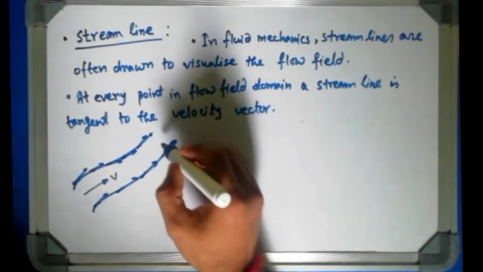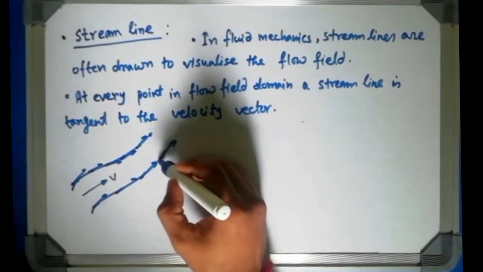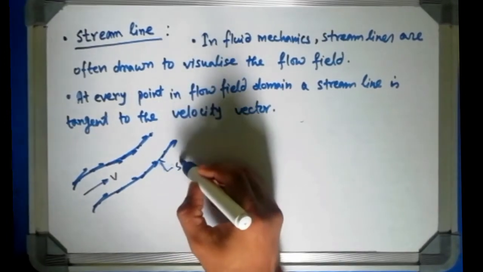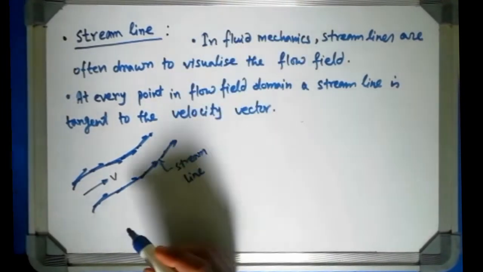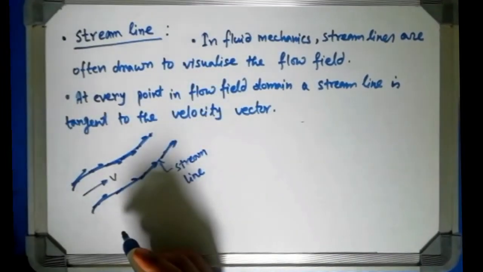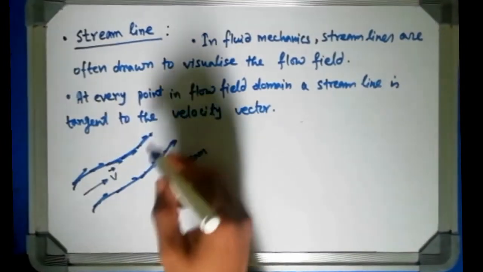Now the line which I am getting is known as a streamline. This line, formed by joining the tangents of the velocity vector, is the streamline.